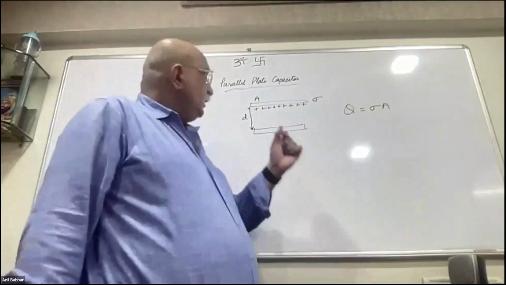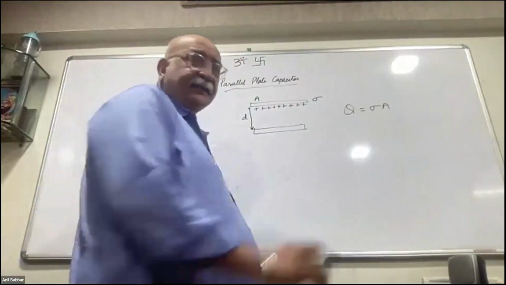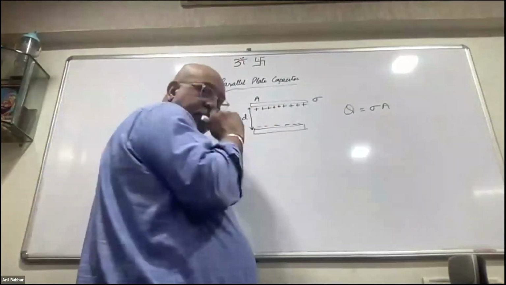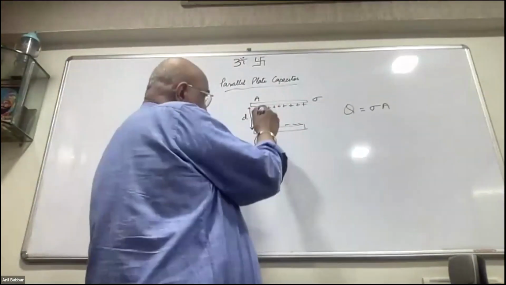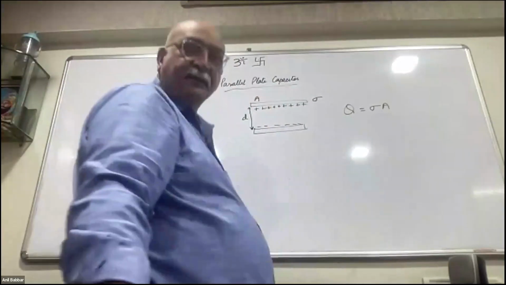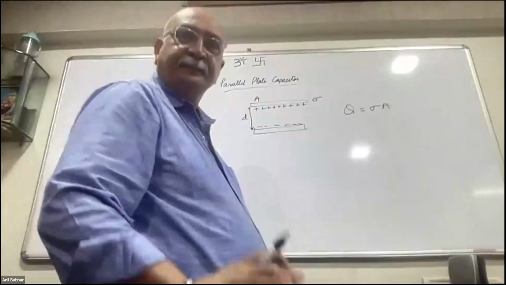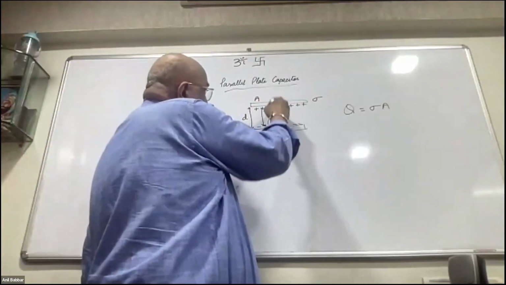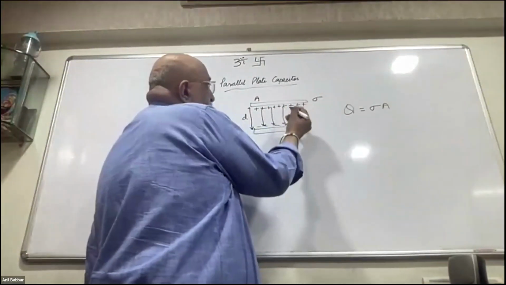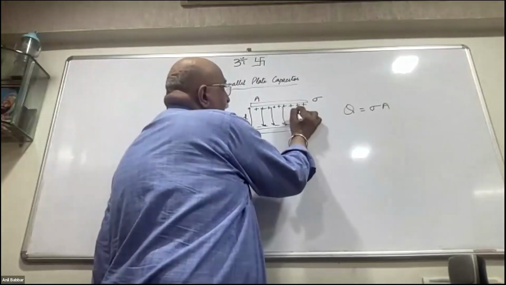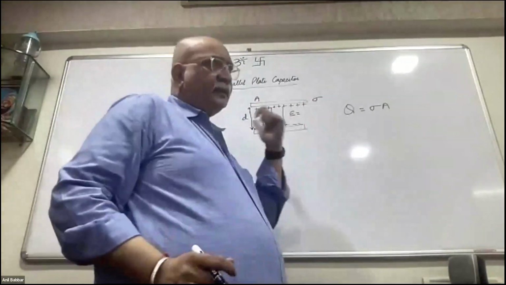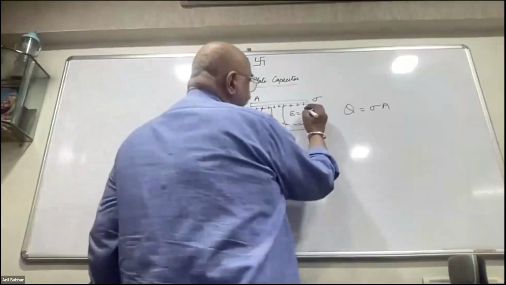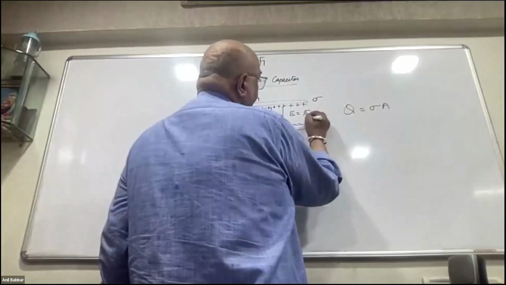Now, in the outer region, here it is negative. So the electric field is shown. Charge is like positive to negative. And E, we know, for a sheet of charge, the electric field will be sigma by epsilon naught.